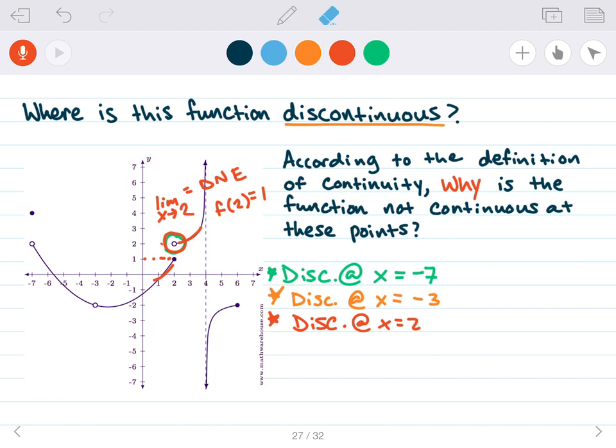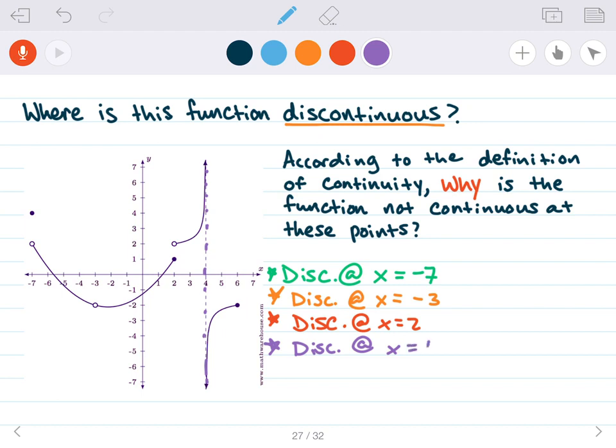Okay, now we have an asymptote. That's the last thing we need to look at. Is this guy right here. And that is x equals 4. So this is discontinuous at x equals 4, because it's not defined there.